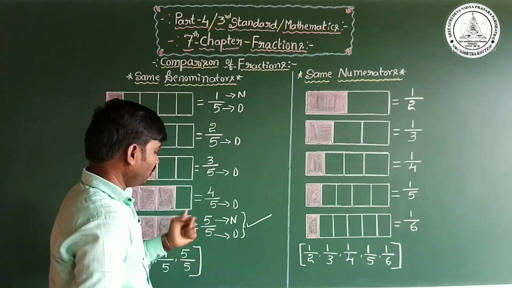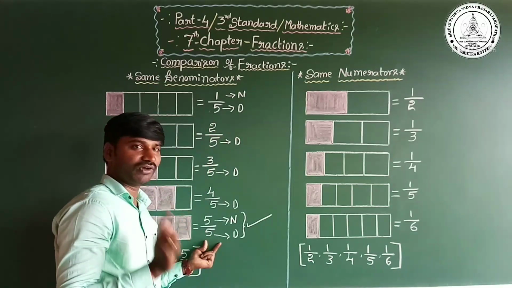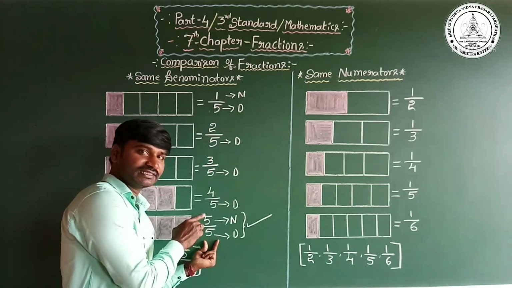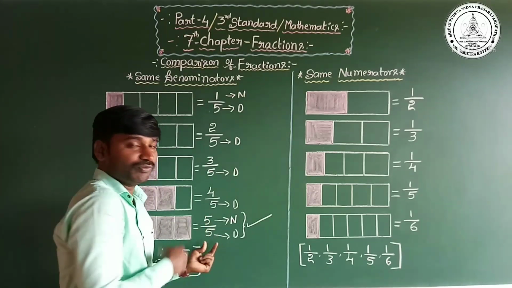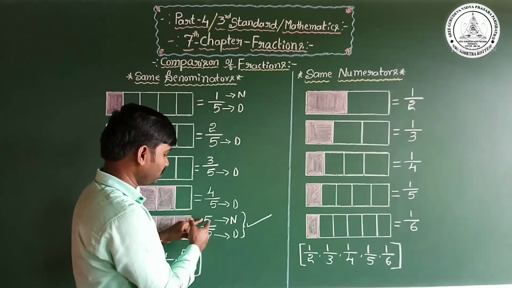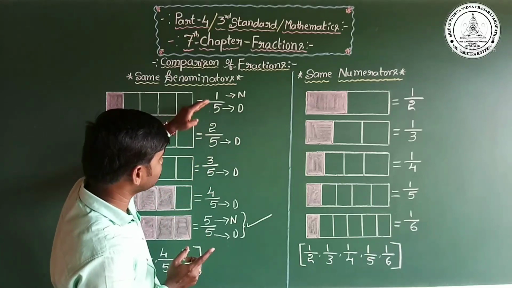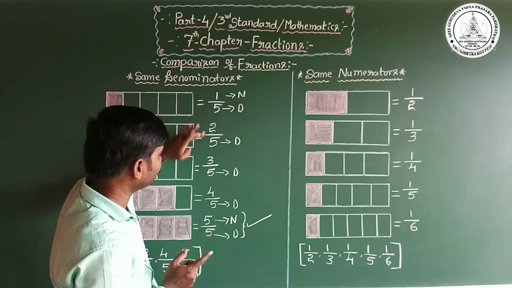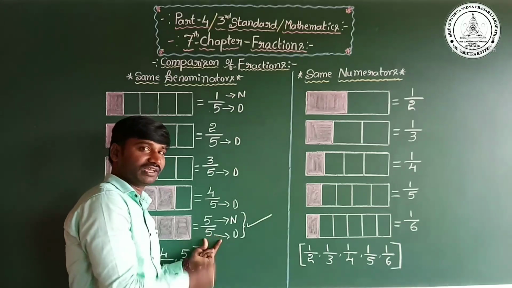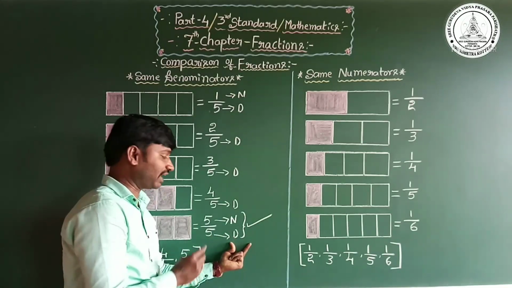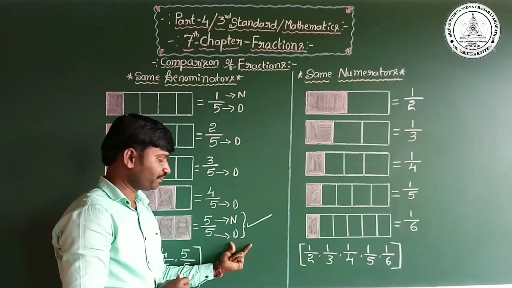When the denominator is the same, 5, 5, 5, 5, the fraction with the bigger numerator is the bigger one. This 5 is bigger compared to 4. Compare these fractions.